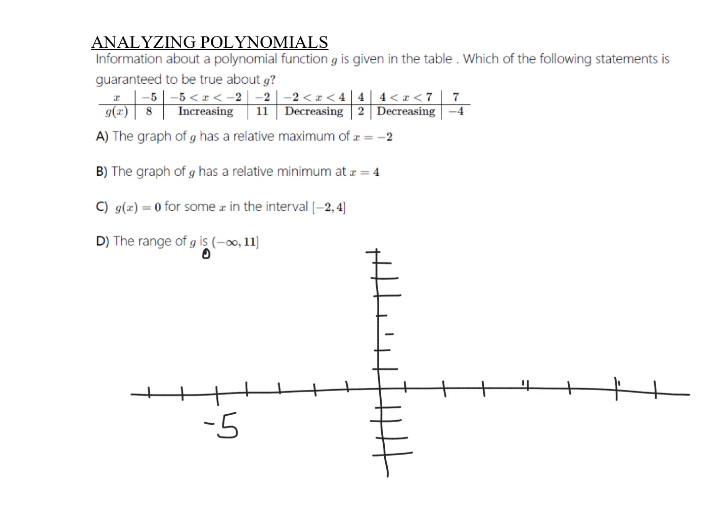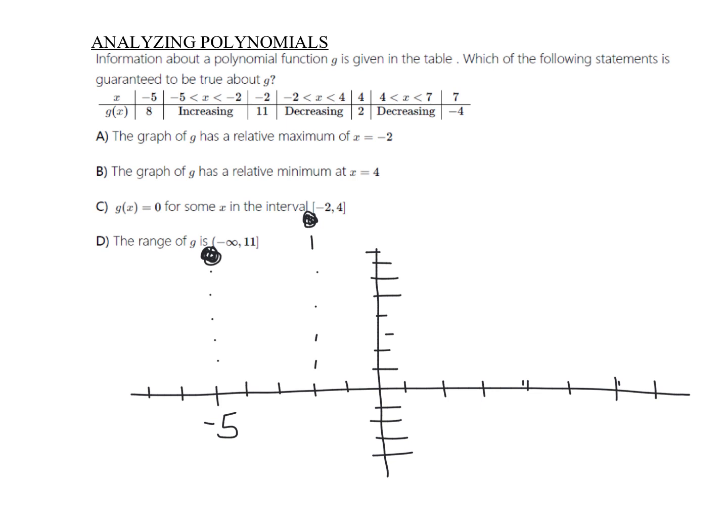So I'll say 5, 8 is right there. And then what do I have next? I have negative 2, 11. I'll just make this one a little higher. And let me make that line here so that I can tell that interval.